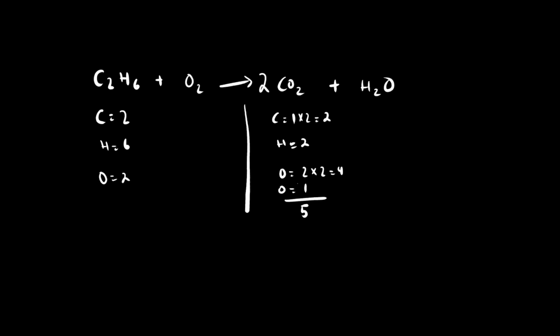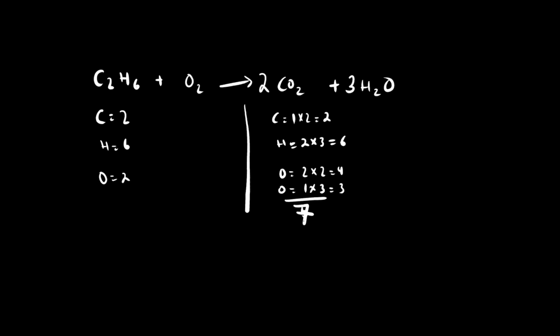Least common multiple of 2 and 6 is 6. So we need a coefficient of 3 in front of the water. And so now we have 6 hydrogen on the right and a total of 7 oxygen on the right.